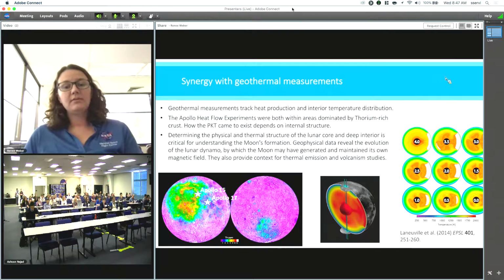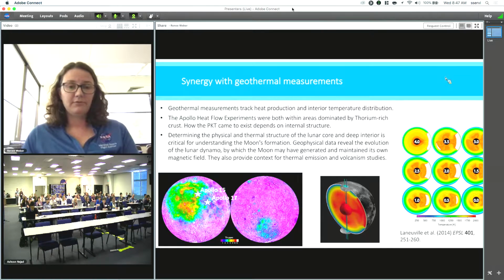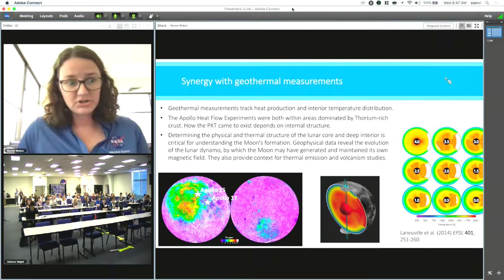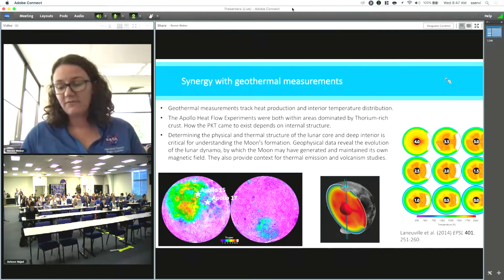So determining the physical and thermal structure of the core and the deep interior is really critical for understanding the moon's formation and subsequent evolution. And we know that geophysical data can also help constrain the lunar dynamo, which the moon may have had and may have generated and maintained its own magnetic field through the dynamo. And then, of course, these geophysical data also provide context in the presence of a core and a partial melt layer and dynamo and convection provide context for thermal emission and volcanism studies.